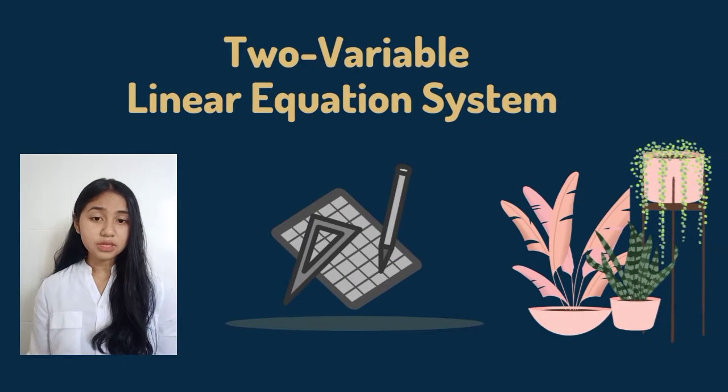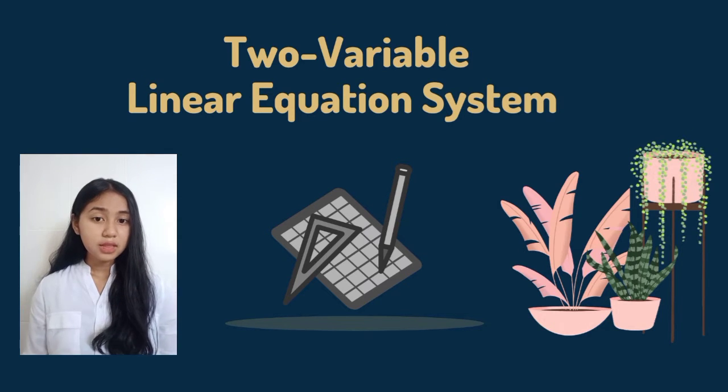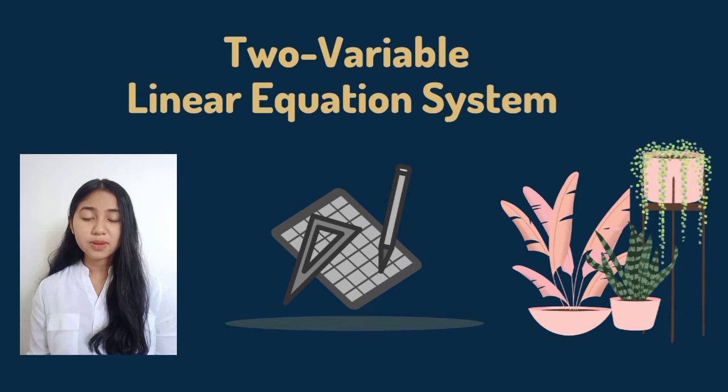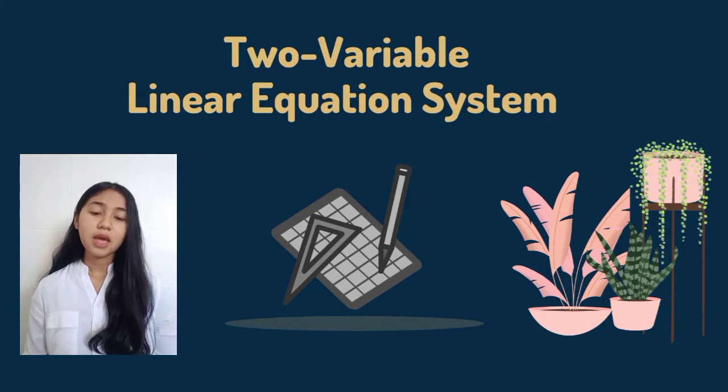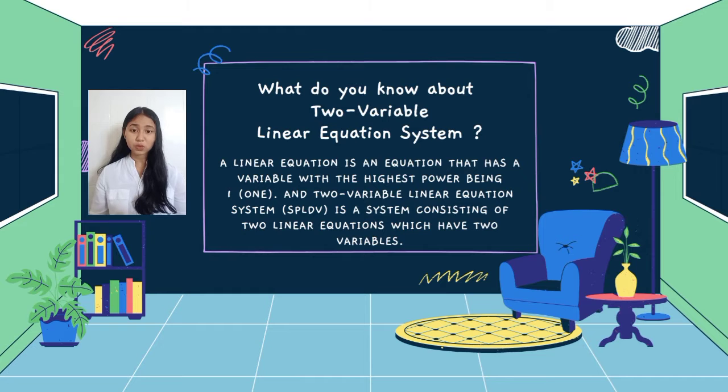Okay, so today's lesson I want to explain about the two variable linear equation system. From the introduction to this lesson, I want to know what you think about the two variable linear equation system, and what do you know? Before we know about it, we have to know what a linear equation is.